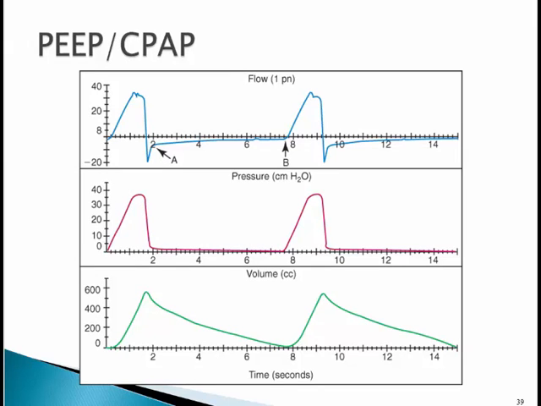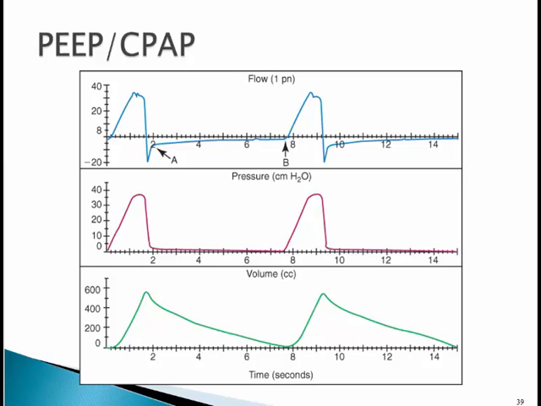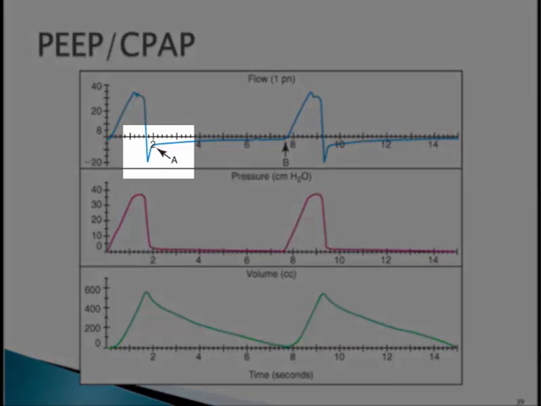This is figure 44-7 on page 1105. This is airway flow, pressure, and volume in a patient with severe airflow obstruction and auto PEEP. There is a rapid decrease in expiratory flow at the onset of exhalation because of the obstruction.